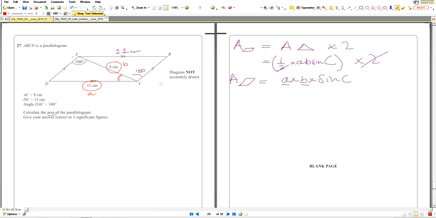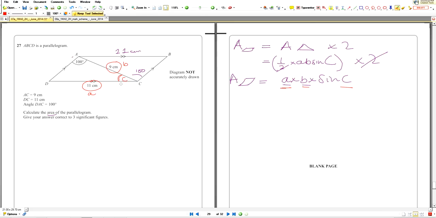That's a C anyway. Little a, little b, big C. So to work out the area of this triangle, we need the two sides on either side of the angle, which we call angle C, which is here.